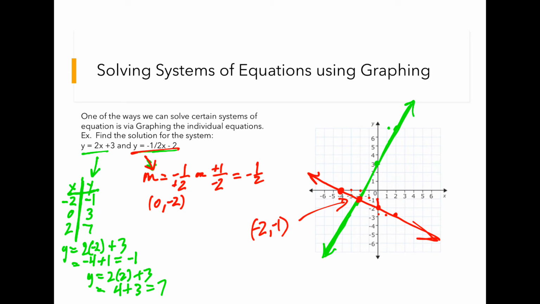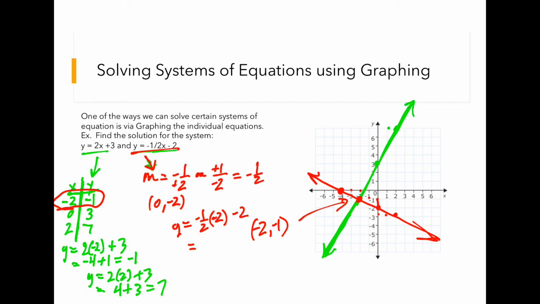And we can check that. Well, actually, we have that here. -2, -1 was this point here. Let's try plugging it into the other equation. So if I plug -2 in, that's -1/2 times -2, which gives me... let's see, negative 1/2 times 2. Do I have that right?